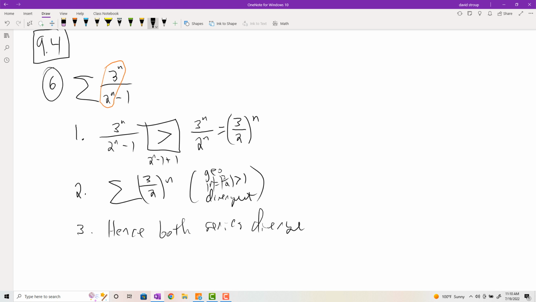Okay. So it's not an automatic thing. You need to have the correct inequality for this to work. If the series you're comparing it with is below the original series but convergent, it won't really tell you anything. The series above it could be doing anything. If the series you're comparing it with is above the original series and divergent, you really can't do anything with it, because the thing below it could be one or the other.